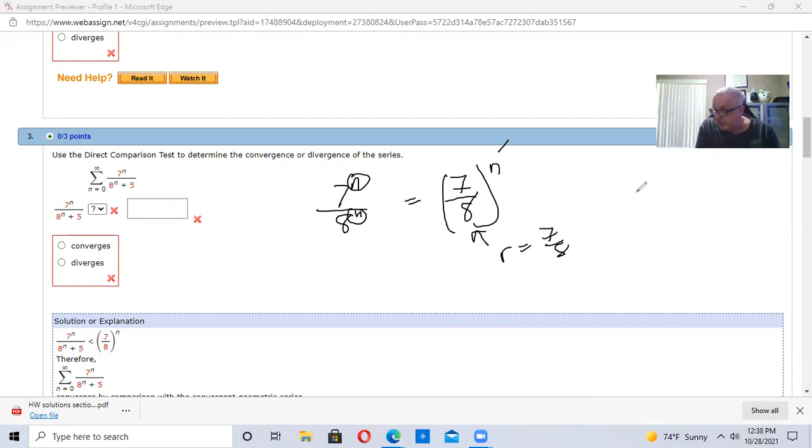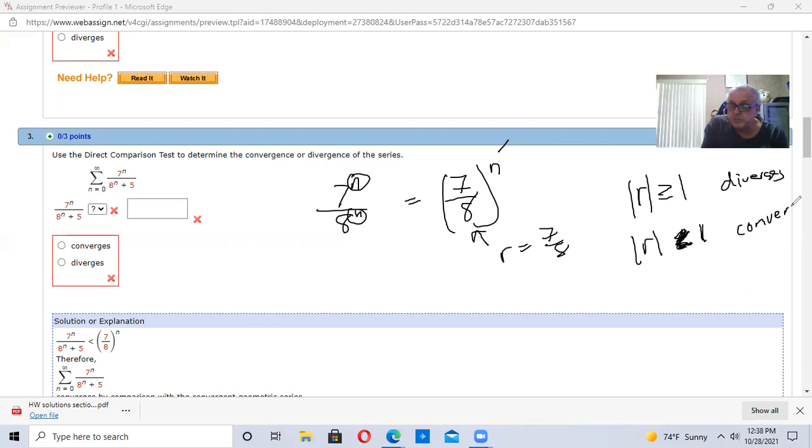And for geometric, when r is greater than or equal to 1, by the way, it's always the absolute value, the whole thing diverges. If r is less than, not less than or equal to, just less than 1, it converges. Since 7 over 8 is less than 1, the whole series converges.